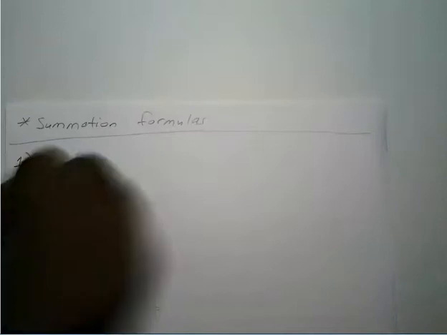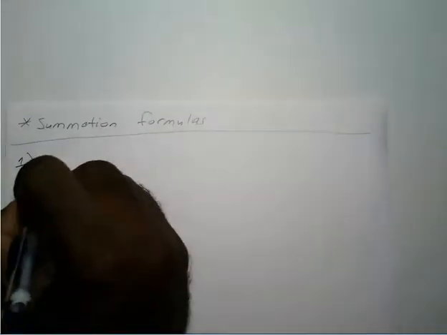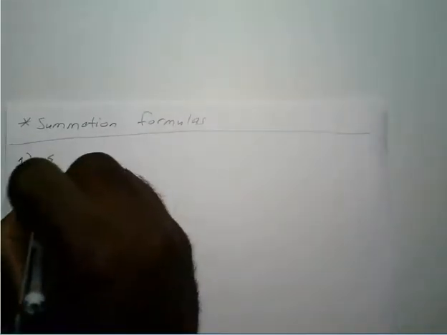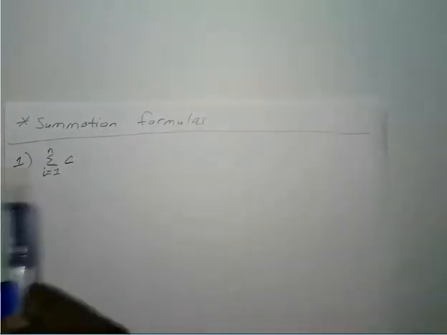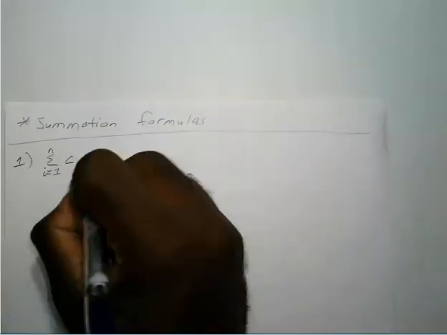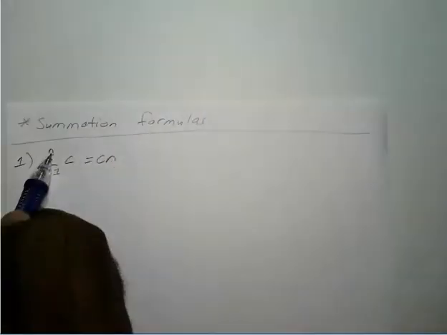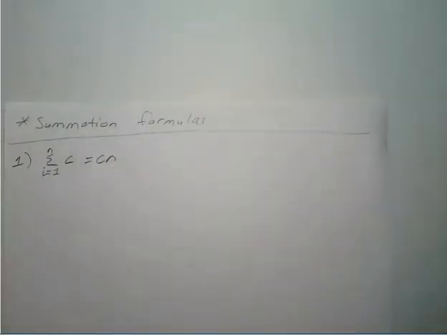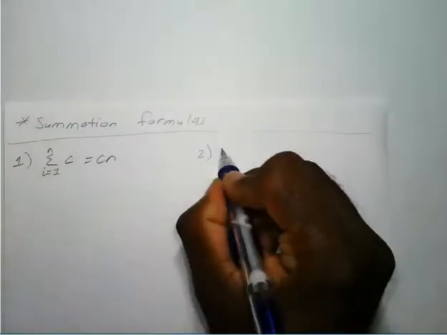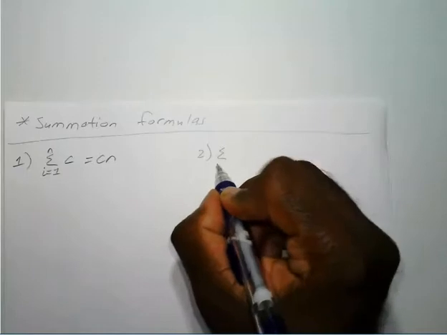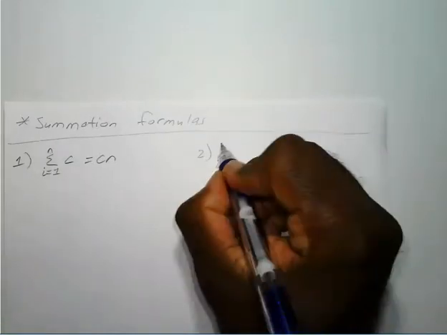Okay, so the first one, say the sum from i equals 1 to n of a constant, that constant we'll just call c, equals c times whatever your n is. Now, second formula, you have the sum from i equals 1 to n of i.